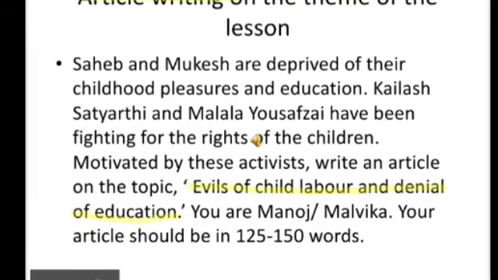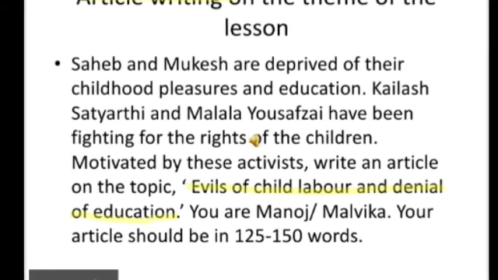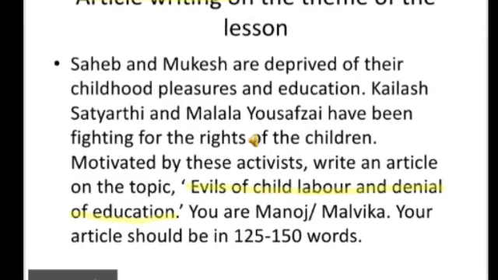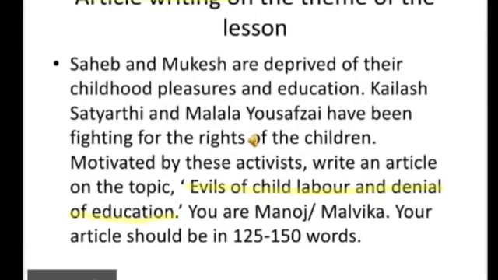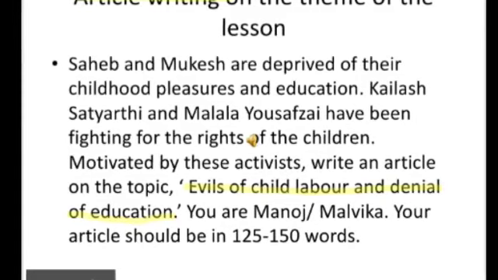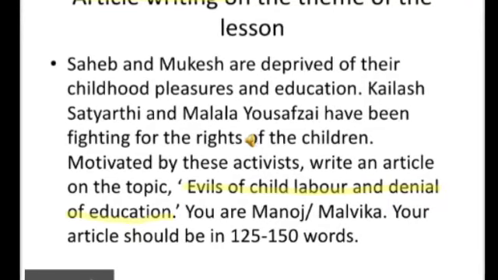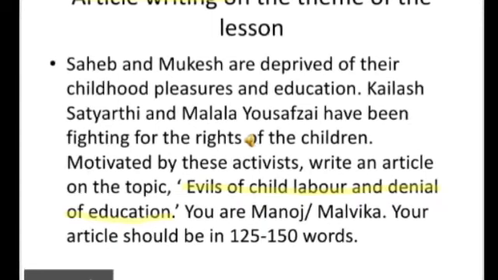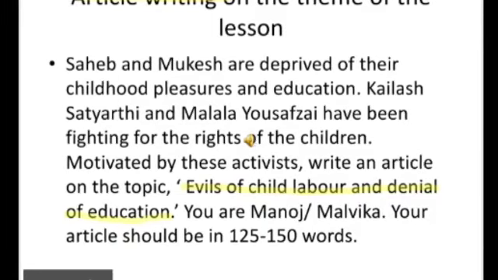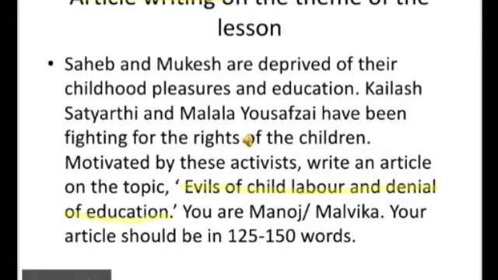Saheb and Mukesh, as you know, are deprived of their childhood's pleasures and education. You know, Kailash Satyarthi and Malala Yousafzai, Nobel laureates, have been fighting for the rights of the children. Motivated by these activists, write an article on the topic Evils of Child Labor and Denial of Education. You are Manoj or Malvika. Your article should be in 125 to 150 words.